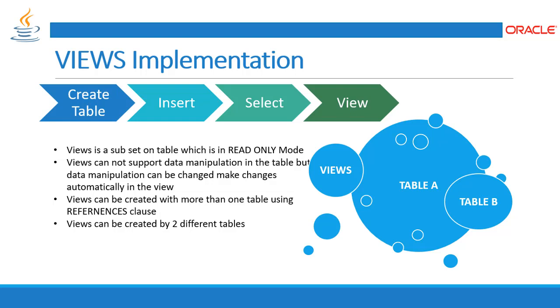But if there is a change in the table, that will definitely reflect in the views. Views cannot support data manipulation in the table, but data manipulation in the table automatically makes changes in the view. Views can be created with more than one table using references clause, and views can be created from two different unlinked tables.